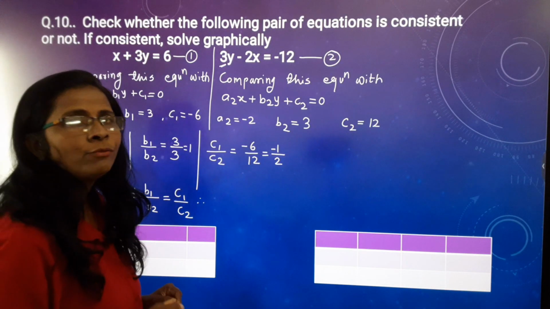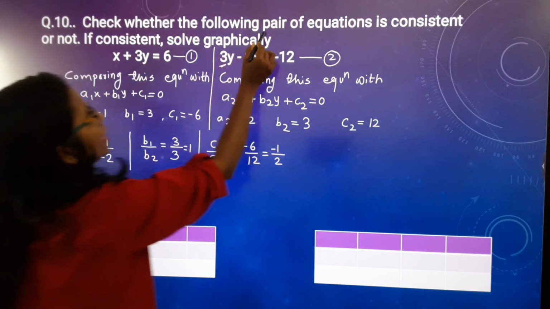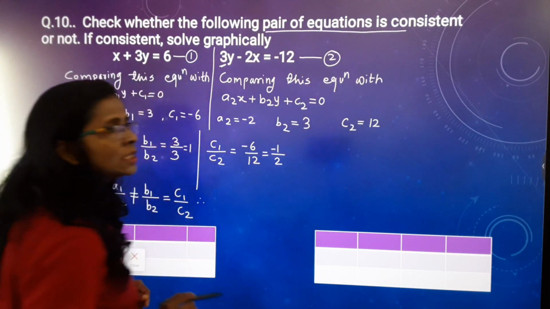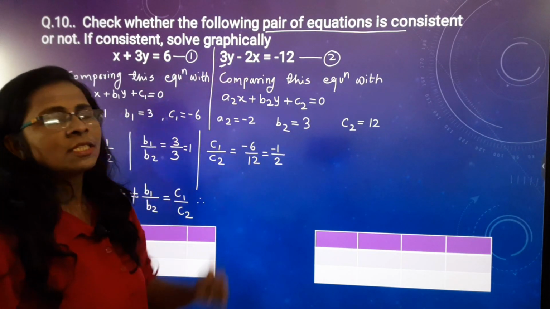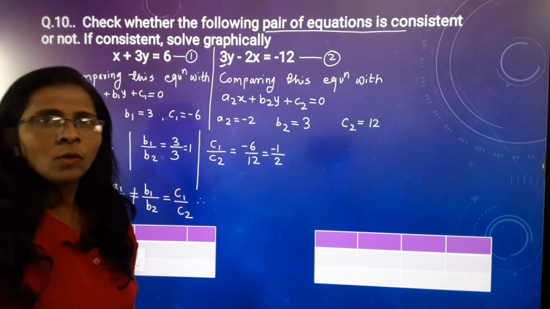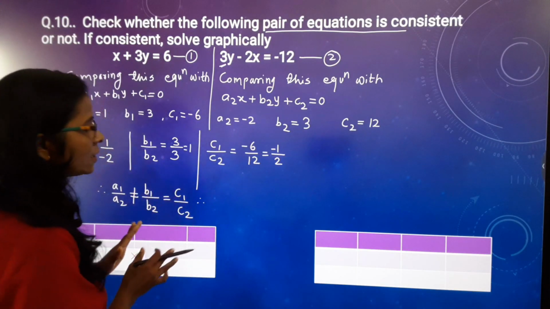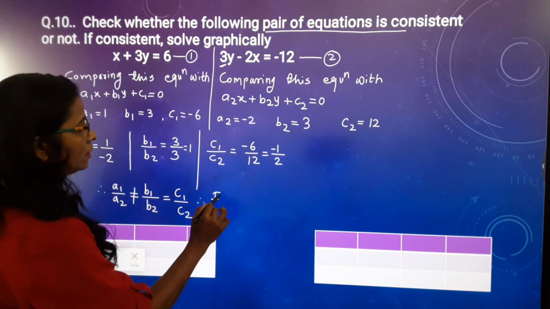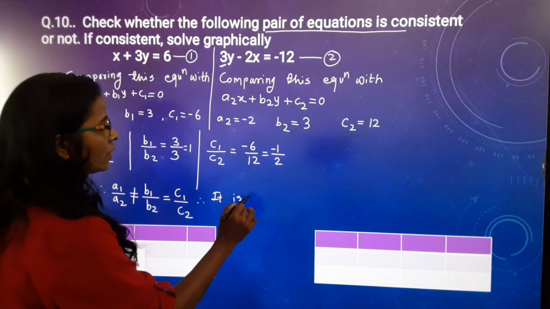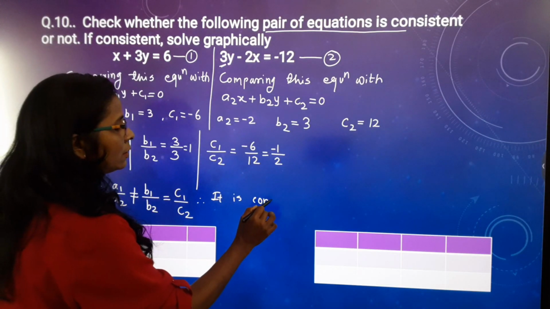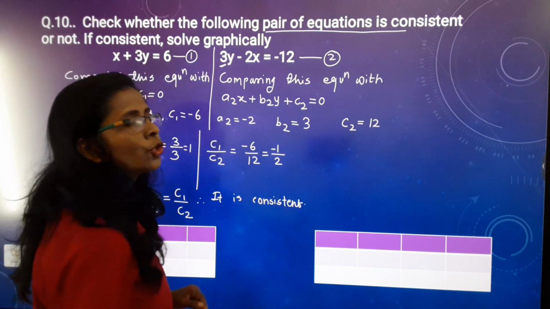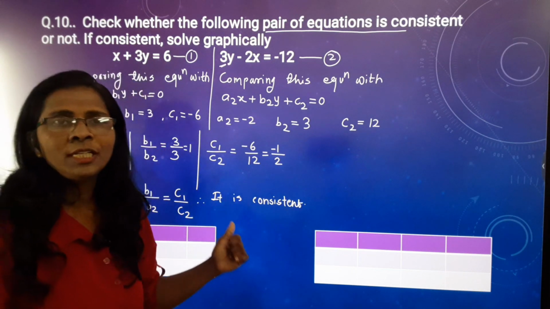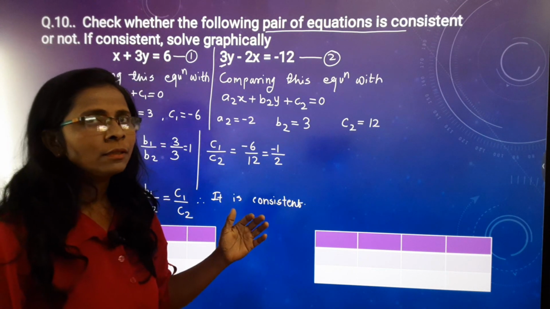Therefore, the pair of equations is consistent. A pair of equations are consistent, and that means we can draw the graph. We can solve these equations by the graph.